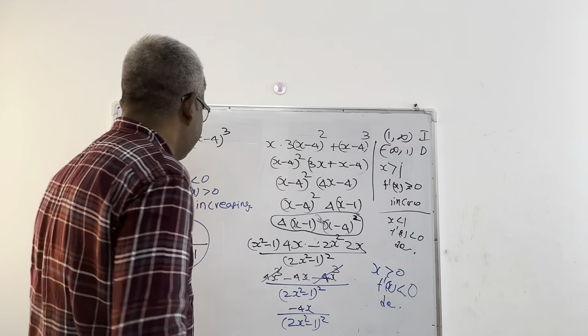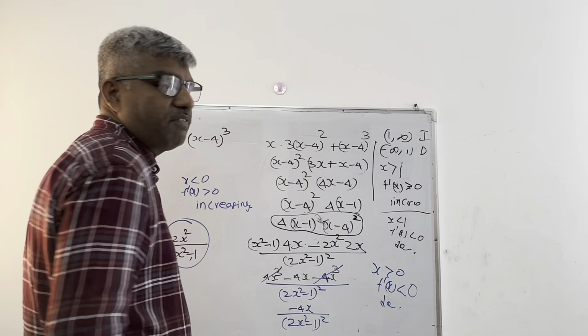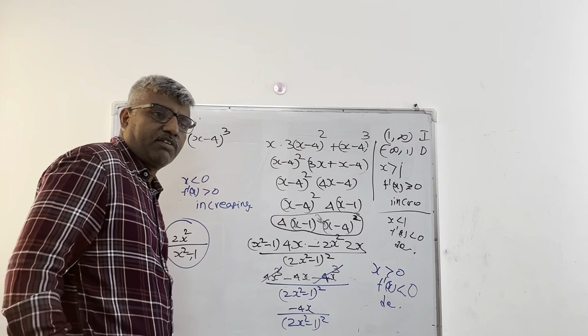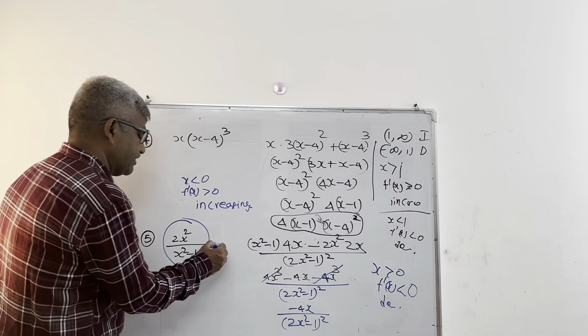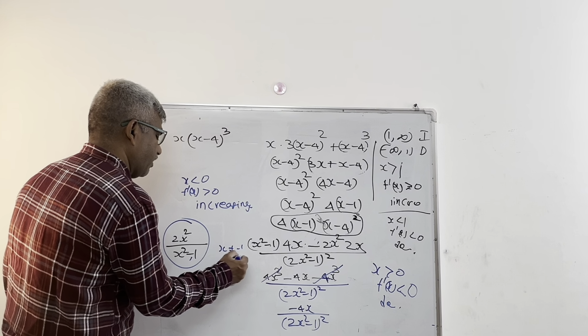But the problem is it has the domain restriction. Always when you are doing intervals of increase or decrease, you check the domain. Domain is x not equal to minus 1 or 1.